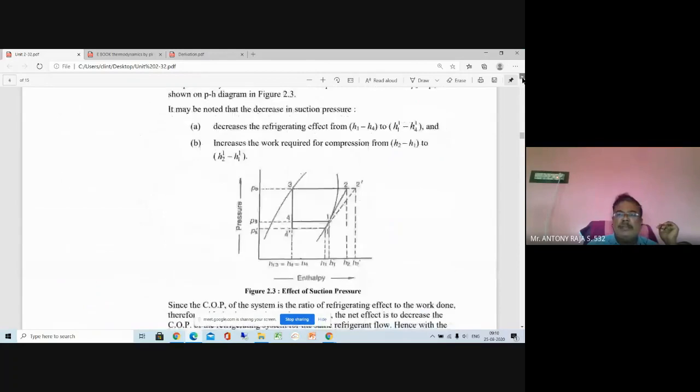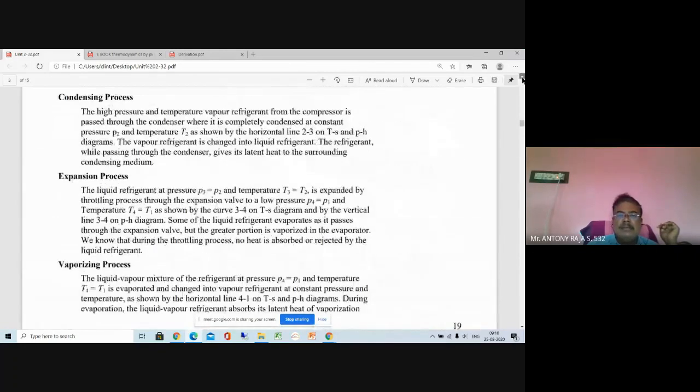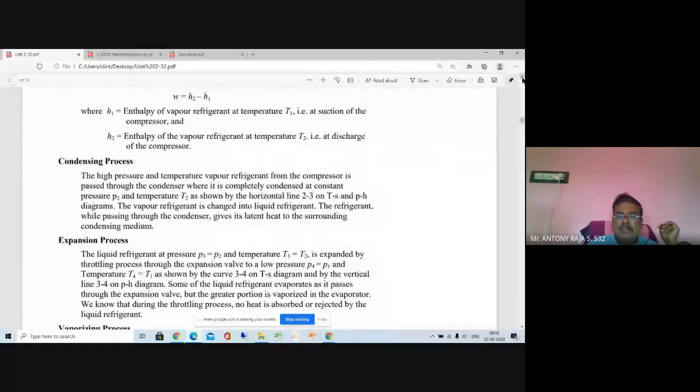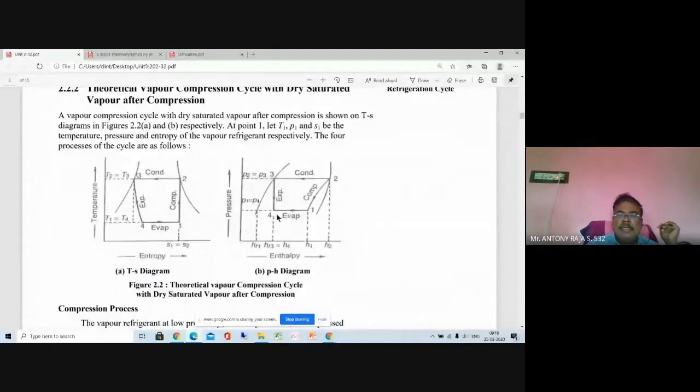That is very important. The analysis is what happens because of this condition. Here you see that wet vapor enters the compressor inlet.